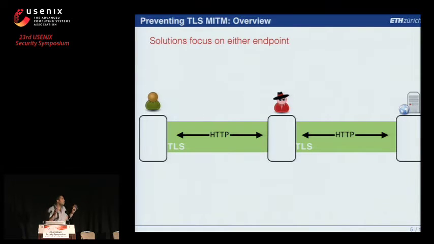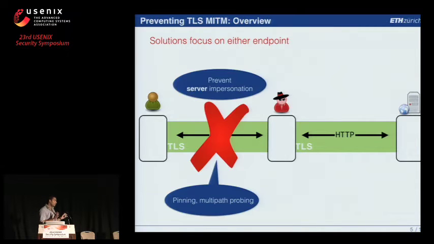So in general, how can we prevent TLS man-in-the-middle attacks? Solutions can focus on either endpoint. The most straightforward way is to prevent server impersonation in the first place. This boils down to essentially fixing, for example, the flawed certificate authority trust model, and this is what certificate pinning and multipath probing solutions like certificate transparency, convergence, and other similar proposals try to solve.